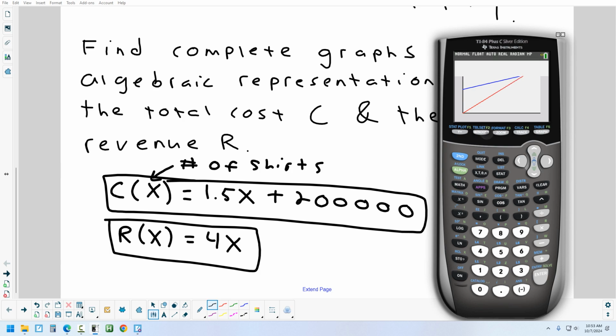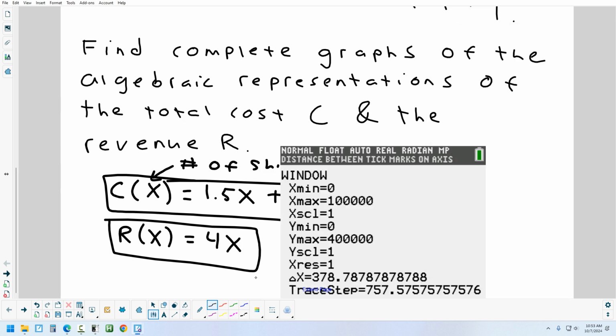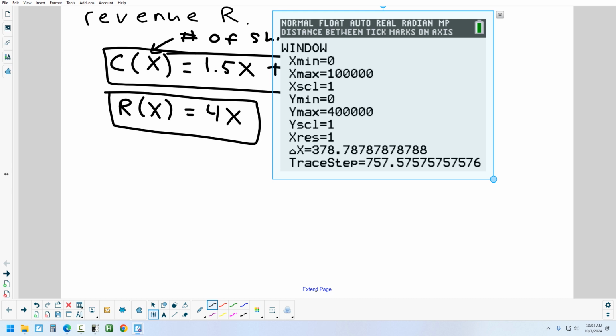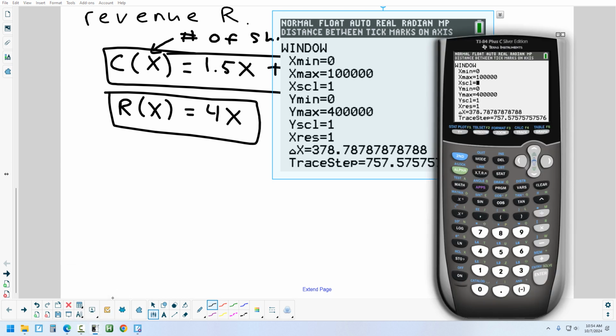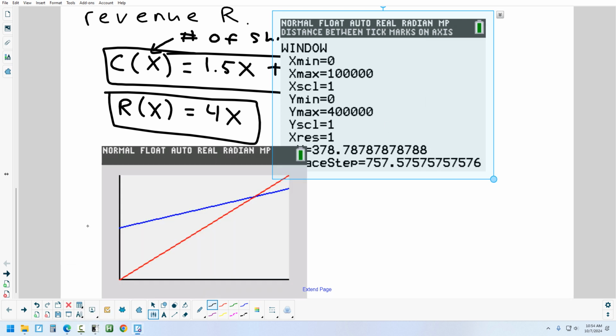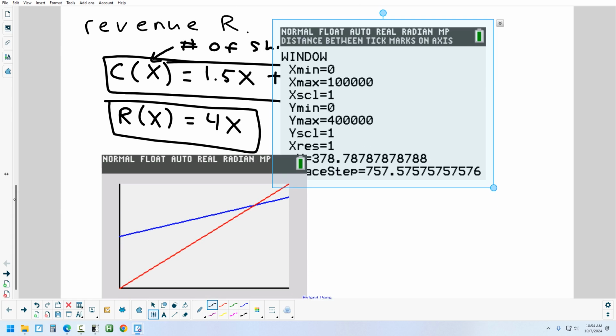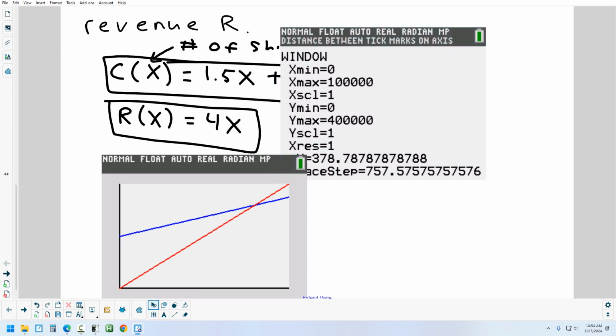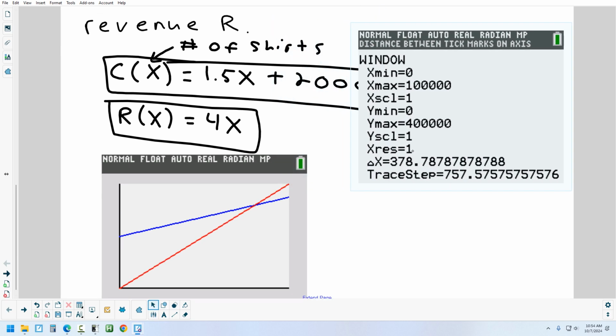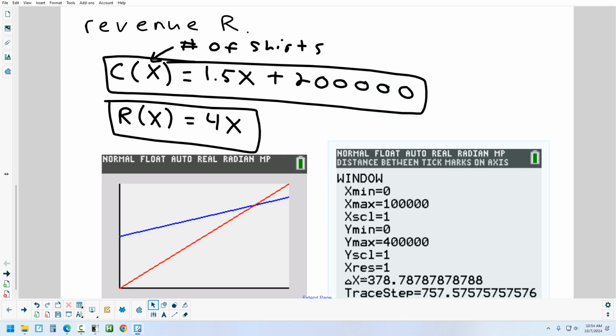So as far as finding a complete graph that shows that, I would say that's a good window. And the graph itself, right there. Just move that so you can see the original problem.